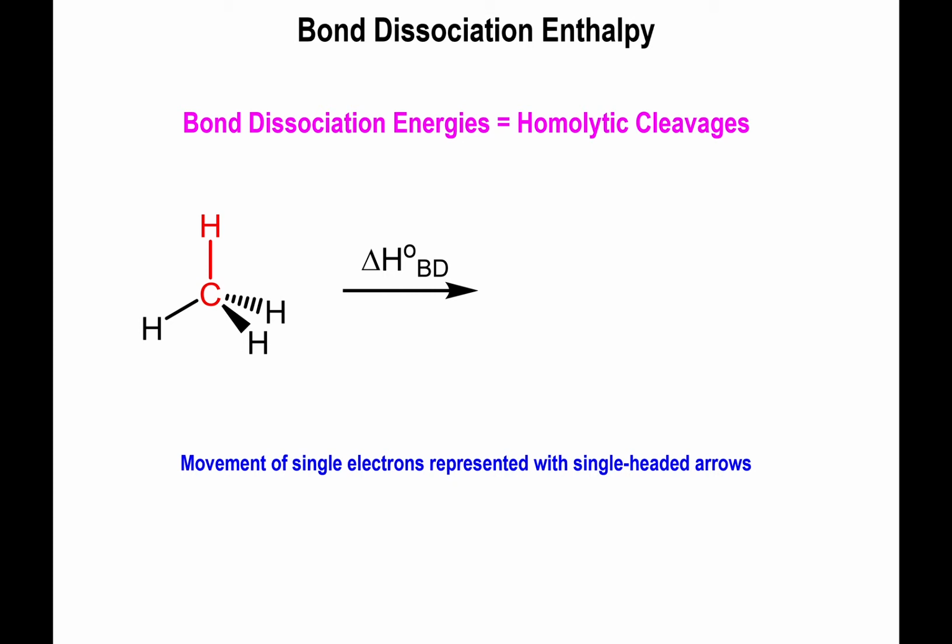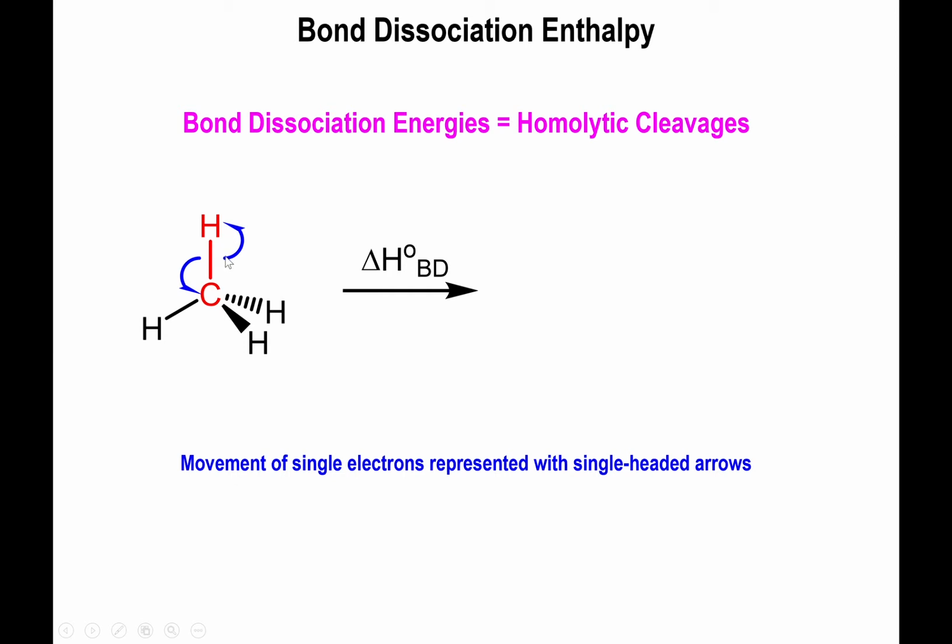So we're going to be looking at the movement of single electrons, which itself is represented by single-headed arrows. So you will not have a double-headed arrow like the one you see here for this reaction, but rather you have these single-headed arrows. Notice that here on this particular arrow I'm pointing out, the left portion of it is completely empty or lacking.